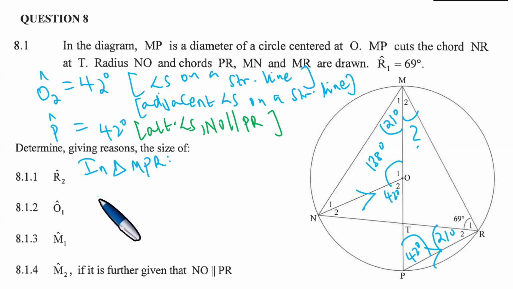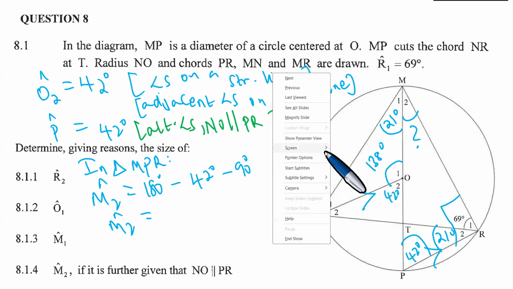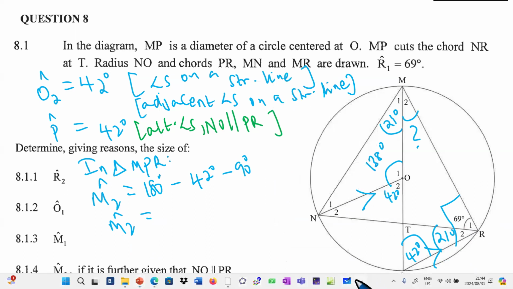So in triangle MPR, the angle M2 that we want is equal to what? 180 degrees minus 42 degrees minus the rest of this angle here, which is minus 90 degrees, yeah? So we have the angle M2, which equals that. What is the answer? 180 minus 42 minus 90. What's the answer, Tando? 48.